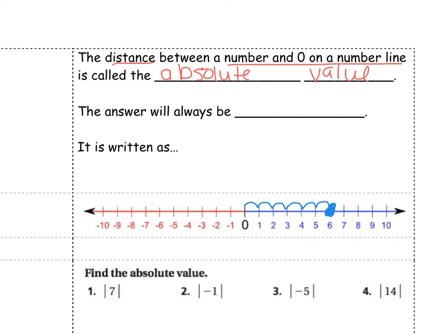Same with if we were talking about this right here. -6 is 1, 2, 3, 4, 5, 6 places away from 0. So that absolute value is also 6. Because we're talking about distance, the answer will always be positive. We write absolute value using these symbols.